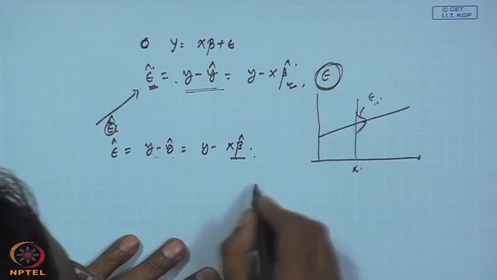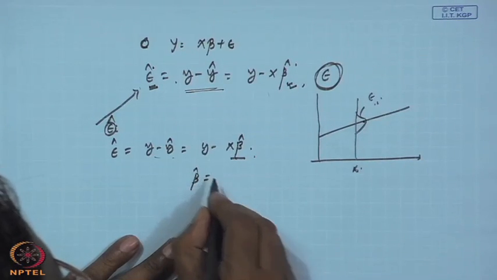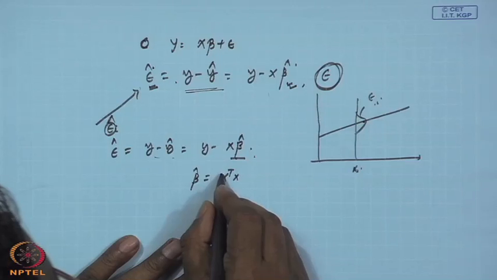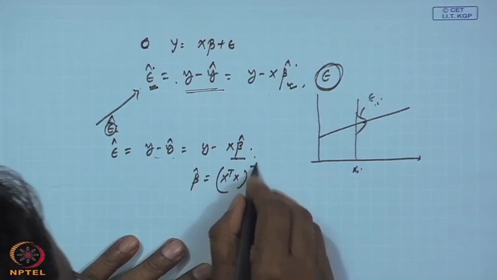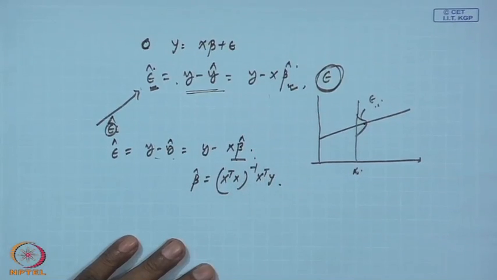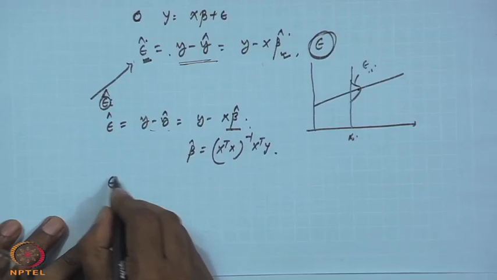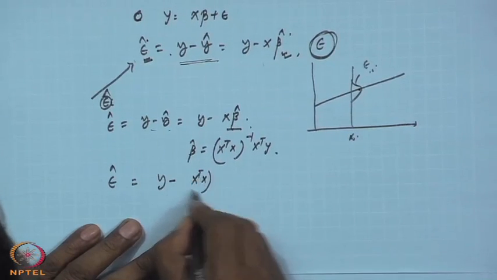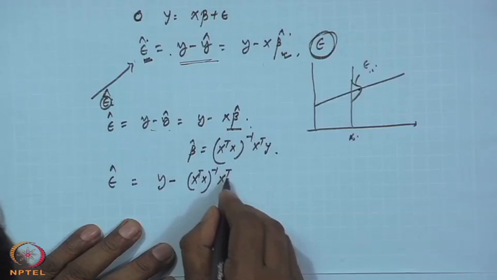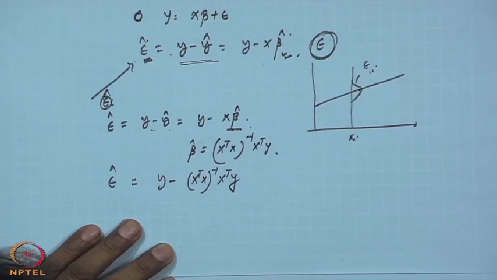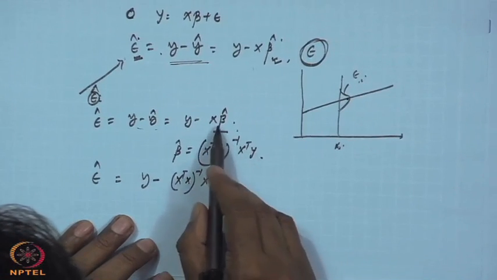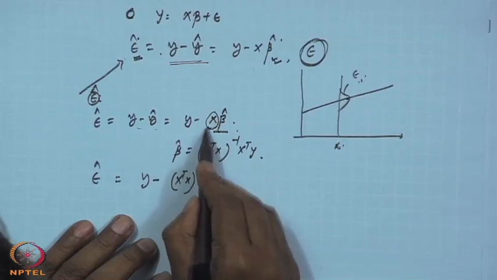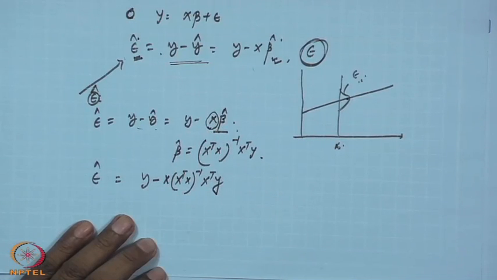Suppose I want to write, instead of beta cap, x transpose x inverse x transpose y, correct. Then this one will become y minus x transpose x inverse x transpose y, but one x is there, so you write x here.